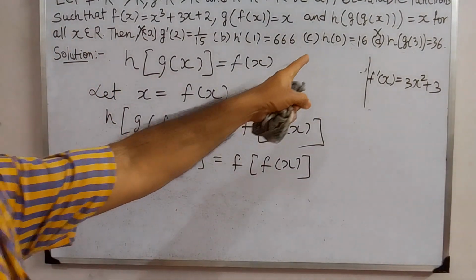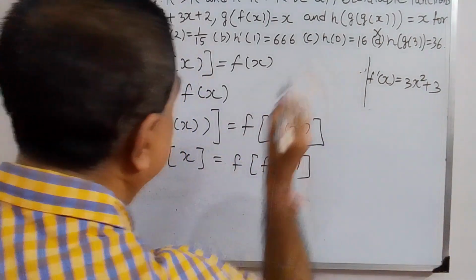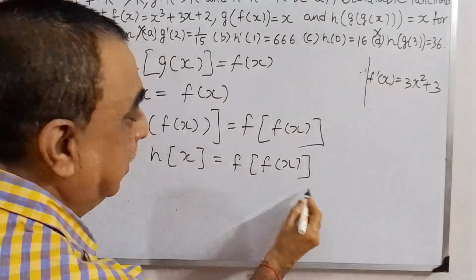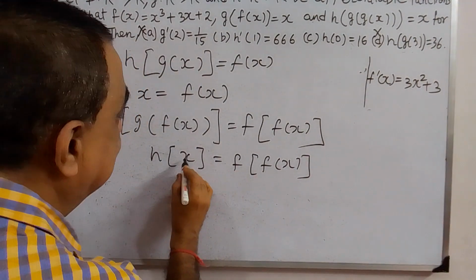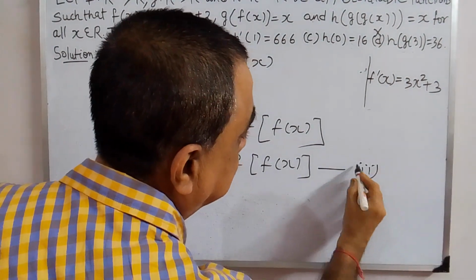Now see, first we are doing the C part. So h0 means what? Here hx is equal to f of fx. So for h0, put here x value 0. Let this be the third equation.